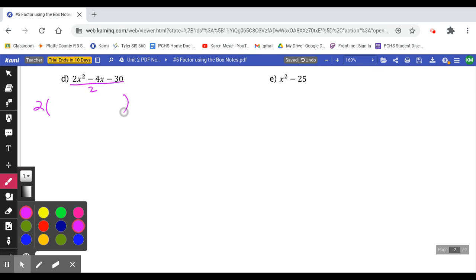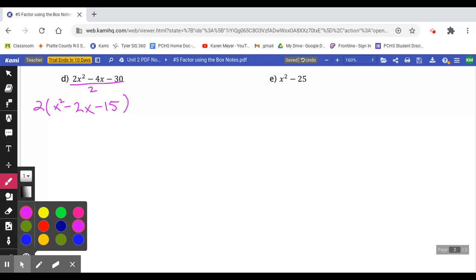And then inside your parentheses, you're going to tell me what you have left when you divide each one by 2. So that will be 1x squared minus 2x minus 15. So remember, take each term and divide it by 2. That's how I got the inside part.